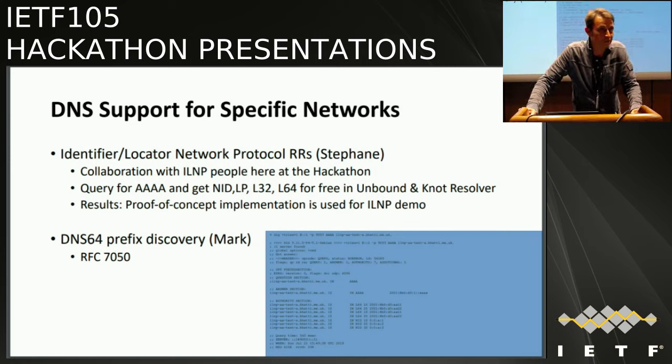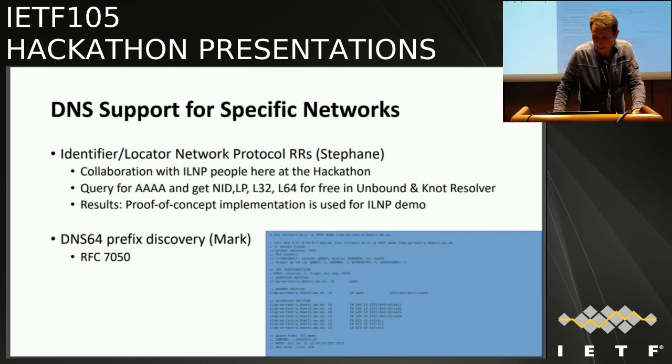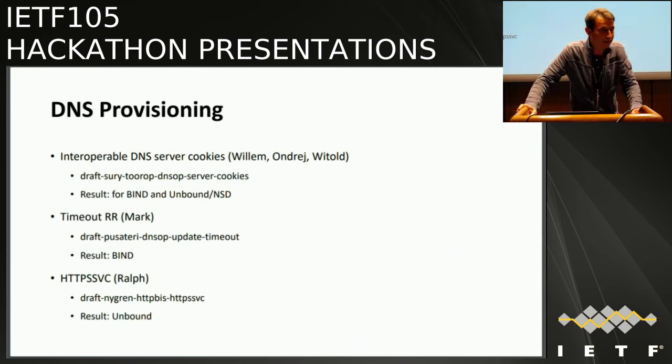And in some other situations in an IPv6-only setting, you ask for an A record, there's only a AAAA record, there has to be some middlebox that has to do some translation. So there's the DNS prefix discovery by Mark implemented in BIND. Again, DNS as a provisioning tool here.